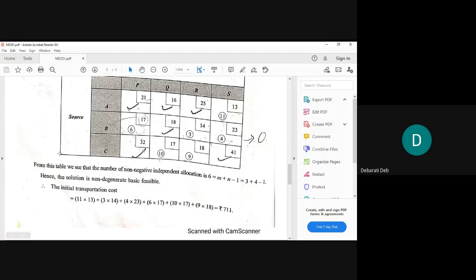Okay, so once we are done with C21, we will calculate C23, because that is the next allocated cell. C23 means second row, third column, that is 14.